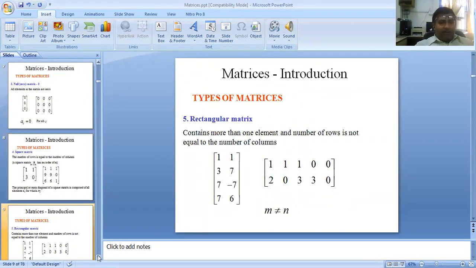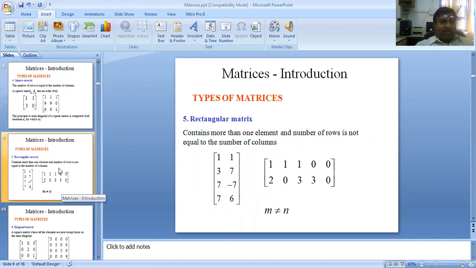Then there is a rectangular matrix. A matrix in which there are more rows than columns or more columns than rows is called a rectangular matrix. It means when you arrange the numbers, it results in a rectangle.